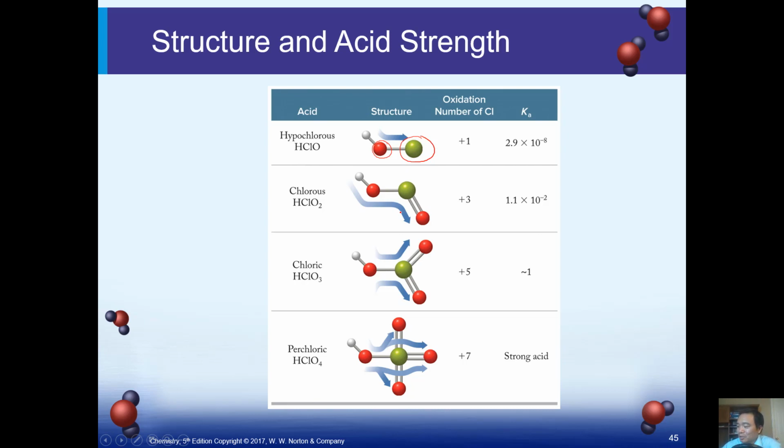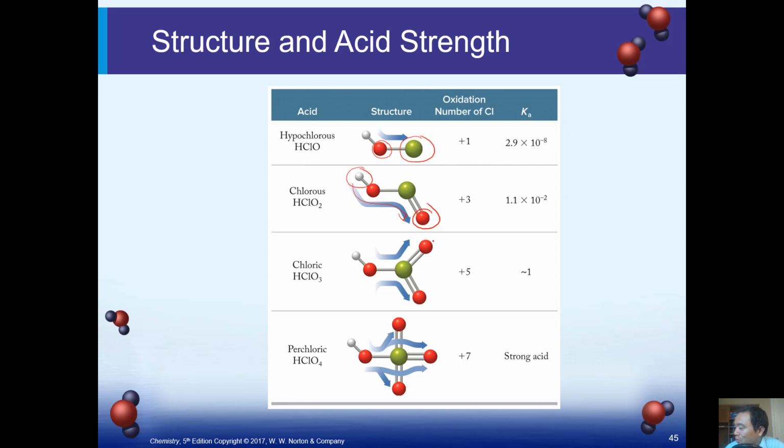But if you have two oxygens, you have one extra oxygen that's pulling electrons away following this flow. So the hydrogen ion is more easily ionized because electron density is being pulled away by more oxygen in the successive mode.